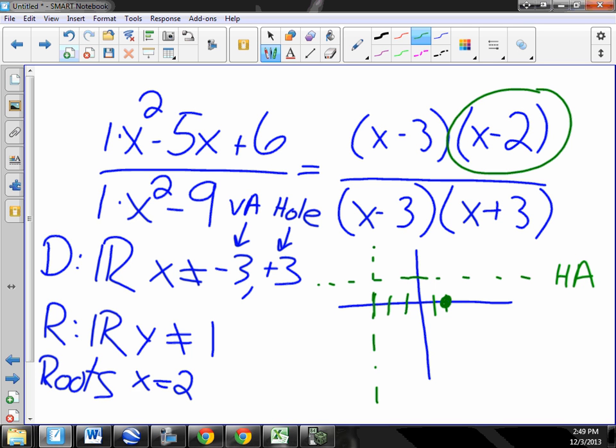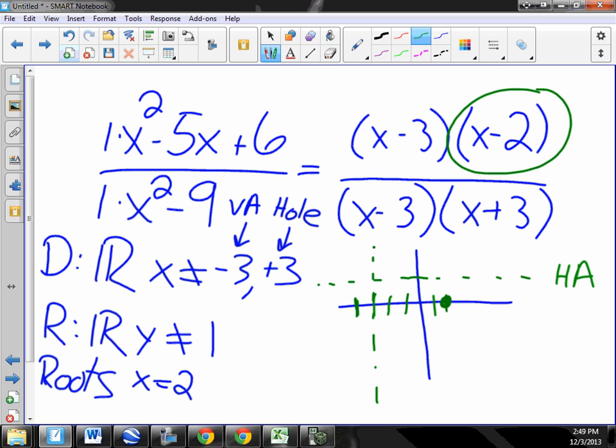Okay, so now we're plugging in numbers and we're trying to figure out if it's above 1 or below 1, because my horizontal asymptote is at 1. So what should I plug in for this left side? Negative 4.